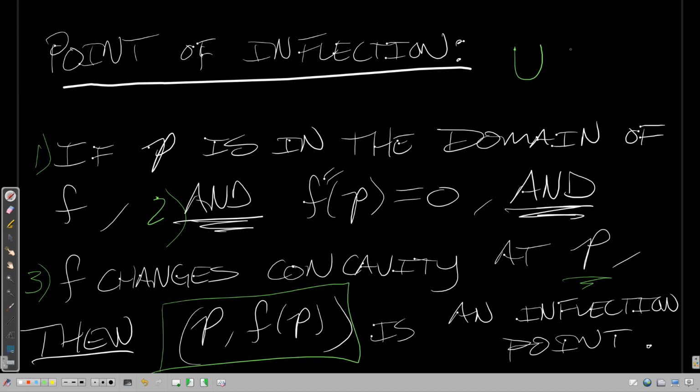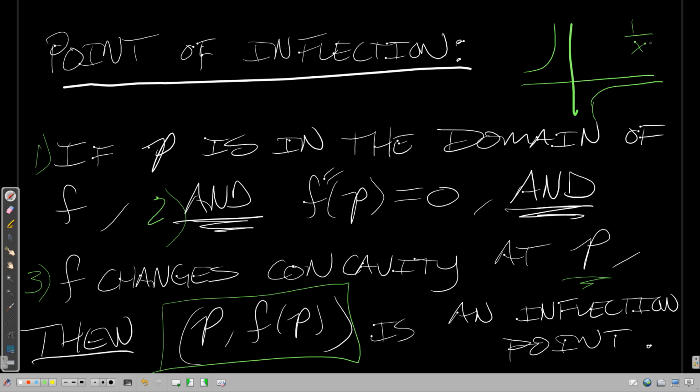So it's like it's concave up, and then it's concave down. But just because I switch concavity does not mean necessarily that I had an inflection point there. Look at this graph. Concave up, it's concave down. This is the graph of 1 over x.